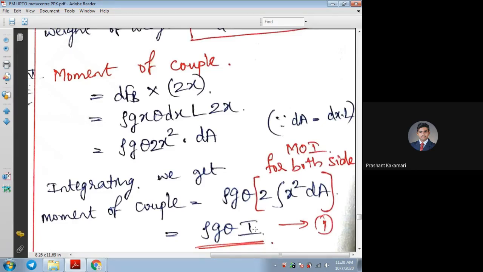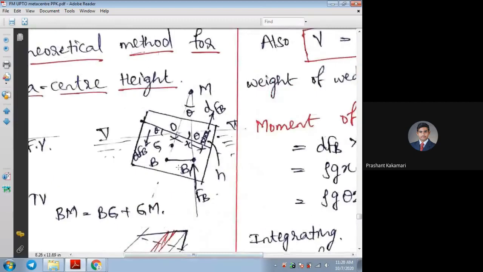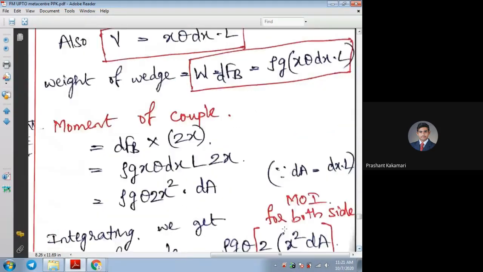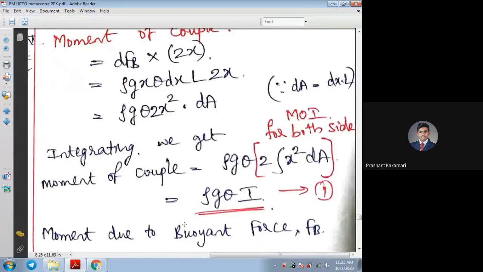This is one of the couples generated because of the triangular wedge shape immersion on the right side and the triangular wedge shape body which is taken above the water surface. So due to this change in the masses on the right and left side, there is a couple generated about this point O. So we can write the moment of couple about O as rho g theta into moment of inertia.